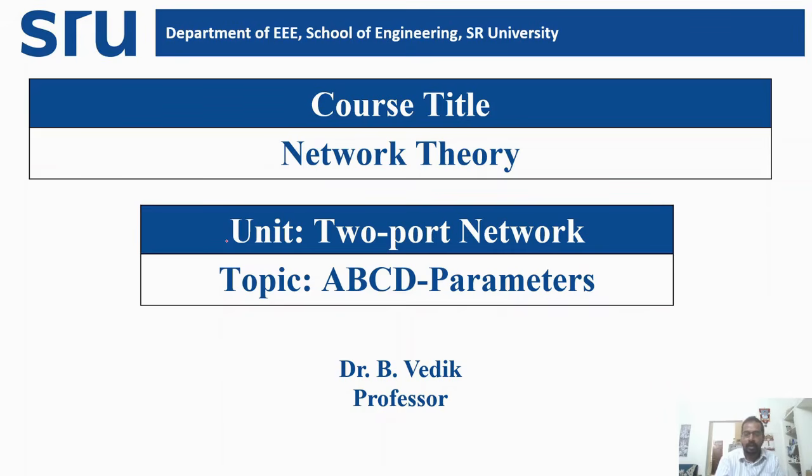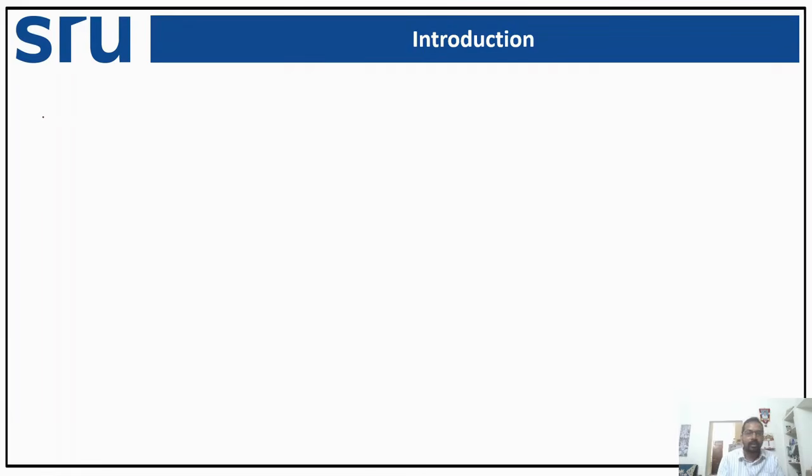So before going to the actual one, let us recapitulate the two assumptions. The first assumption is that my A is invertible. Then we can make use of our Z parameters.